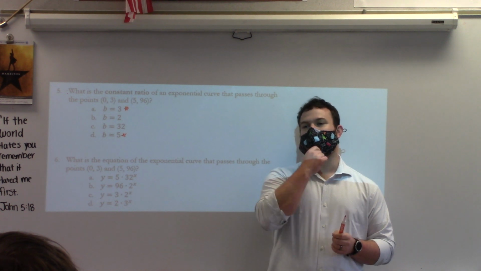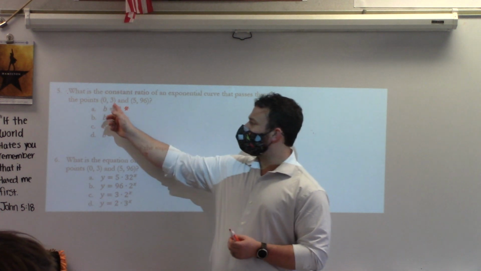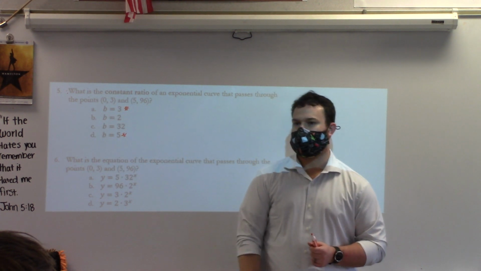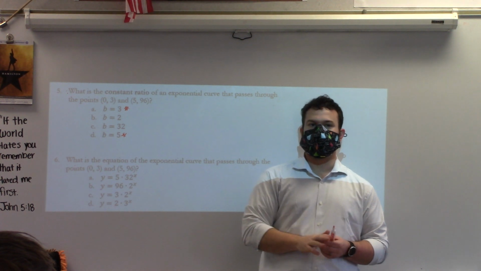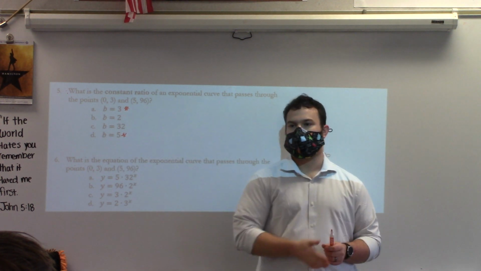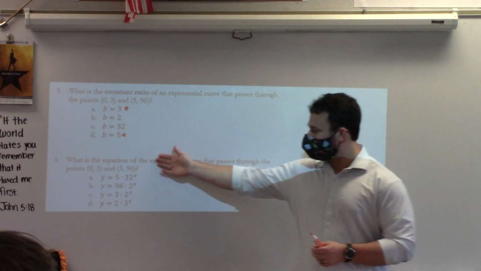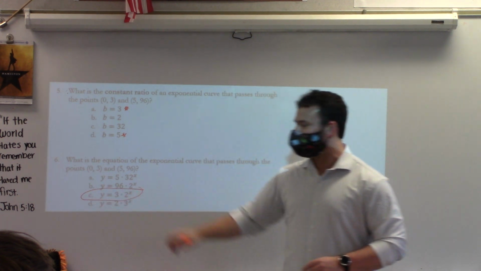But 3, the y-intercept, is a starting point. That's not a constant ratio. Isn't the constant ratio a rate of change? Yes. So why would you pick a starting point for the rate of change? Heck, when you get down here, you could have gotten the correct answer just by knowing the starting point's 3.